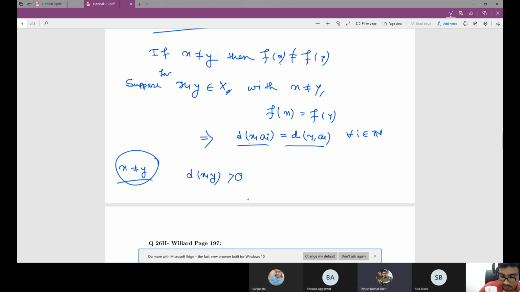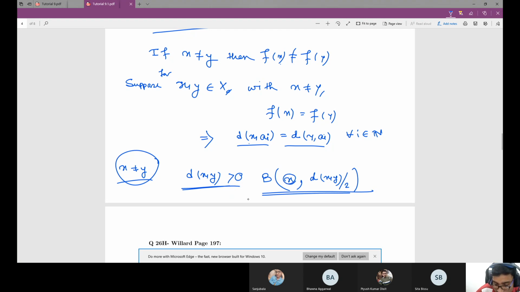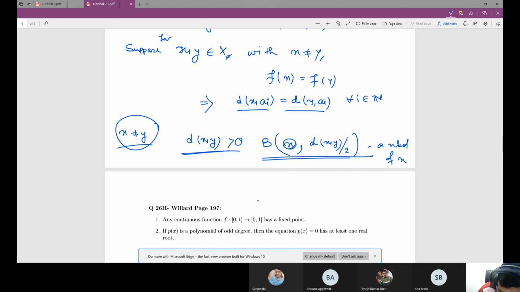Fine. Now consider the neighborhood of x, the ball B(x, d(x,y)/2). This is a neighborhood of x, and you are given that your set B is dense in X. So from these two, what can you say?